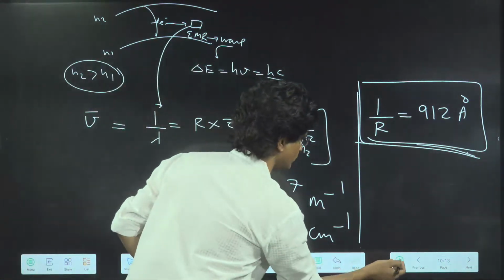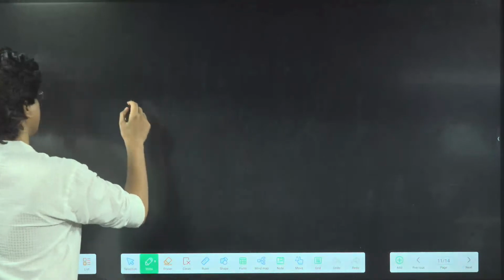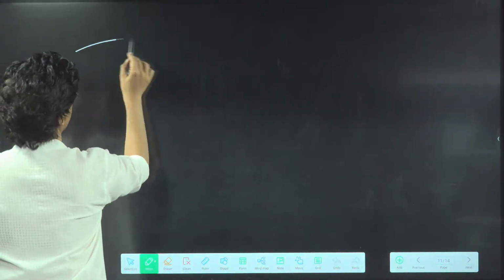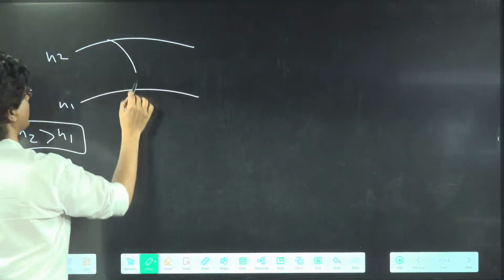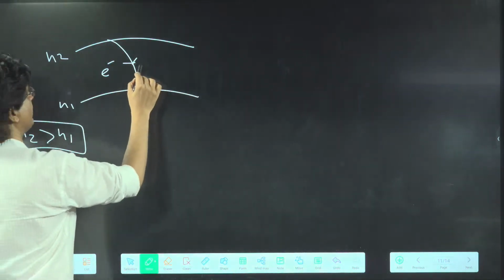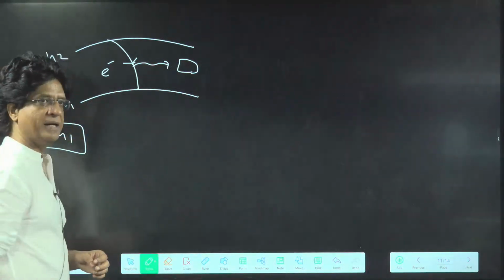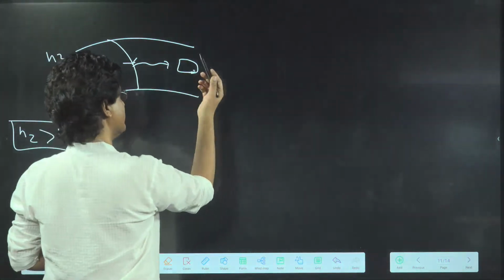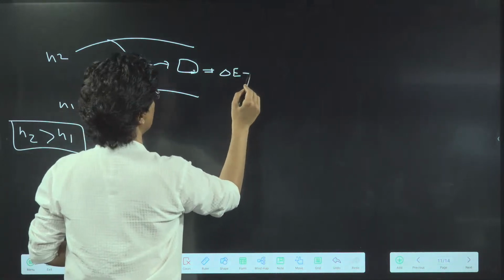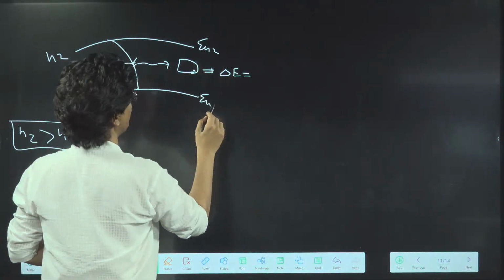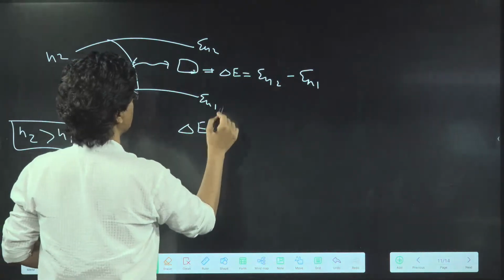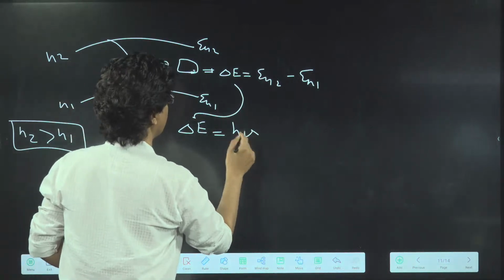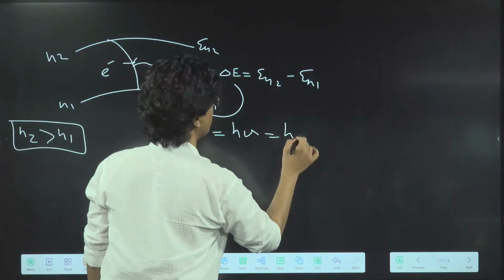Now understand one thing. Say again n1 and n2, and n2 is higher than n1, and if an electron falls, it will obviously emit electromagnetic radiation, a photon, and yes, we have delta E equal to En2 minus En1. This delta E is equal to the energy of the given photon, equal to hc upon lambda.